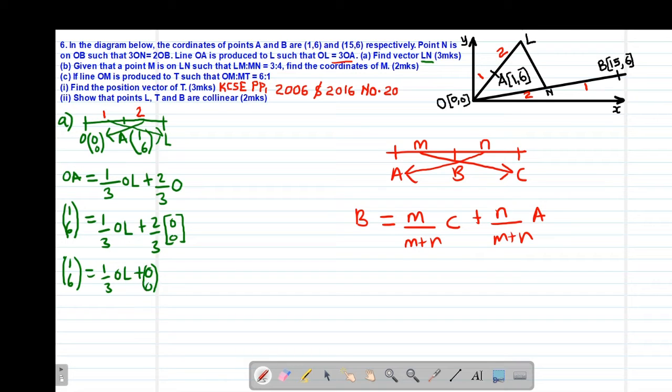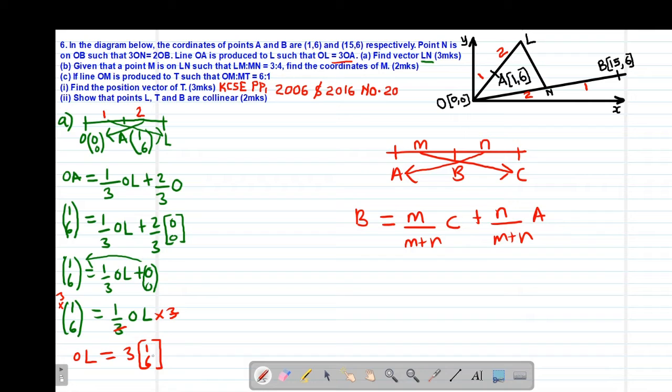So if you subtract 0, 0 from the other side, you'll just remain with 1, 6. So 1, 6 is equal to a third OL. So if I want to get the coordinates for OL, I'll multiply through by 3. So I multiply this side by 3, and I also multiply the other coordinates by 3, so that the 3 and 3 will cancel out, and I remain with OL being equal to 3 into 1, 6.